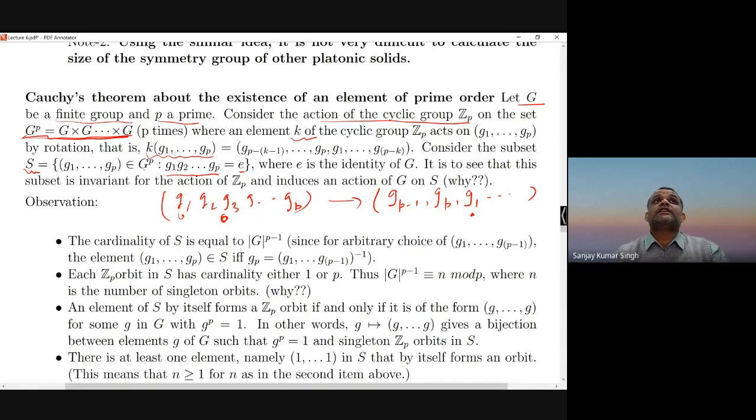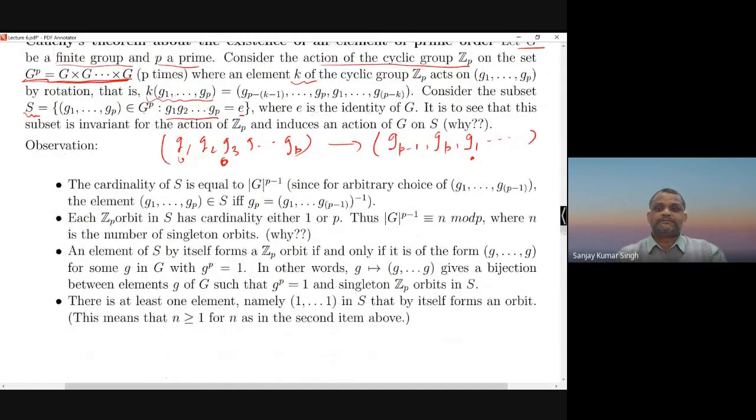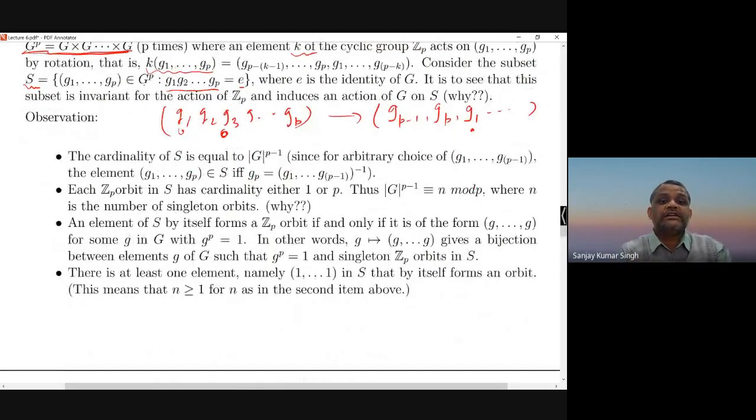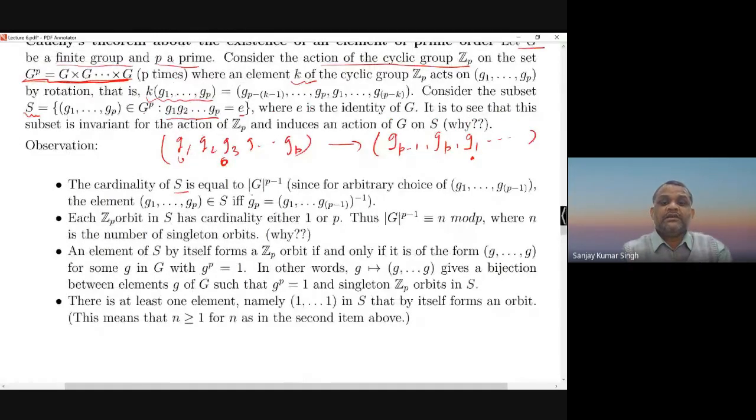And actually this set has a larger cardinality. And what is the cardinality? First observation: the cardinality of this set S is exactly |G|^(p-1). Why? Because I can choose g1, g2, up to g_{p-1} arbitrarily, and because of this relation g_p is fixed, and g_p is nothing but (g1 g2 ... g_{p-1}) inverse.